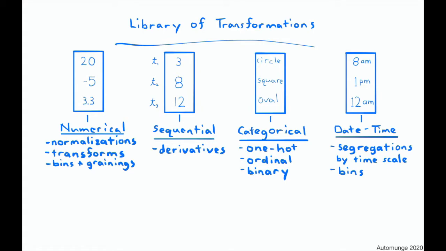For categorical sets, we have several means of encoding, including one-hot encoding, ordinal encoding, and some really neat binary encodings, which is actually the default. Our date-time methods allow a user to segregate entries by timescale and apply sine and cosine transformations to address periodicity, as well as aggregating bins for various traditional boundaries, such as business hours, weekdays, and holidays.